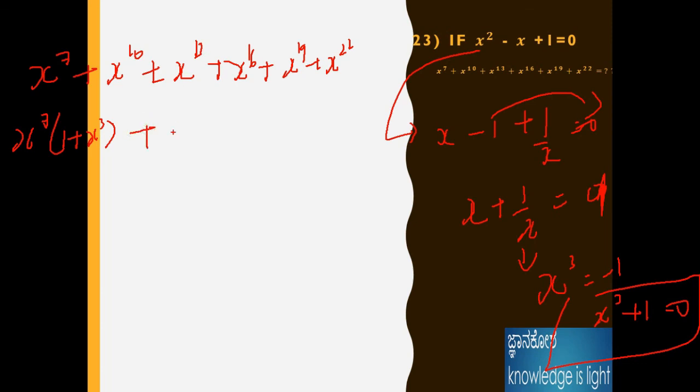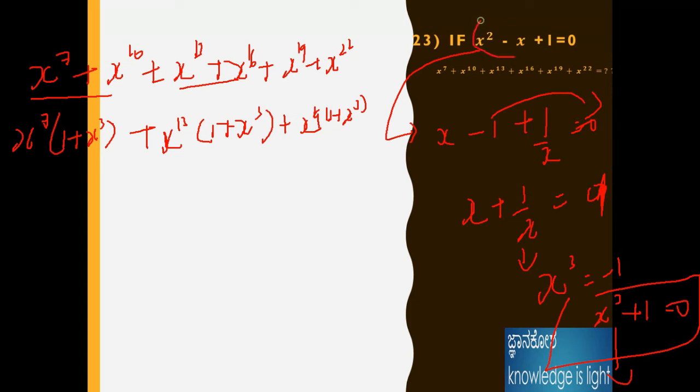Then x to the power of 13 is common here, and again x to the power of 19 as common, 1 plus x cube will be there. We already know 1 plus x cube is equal to 0 from this equation. Therefore this becomes 0, this becomes 0, this becomes 0. Adding zeros should be 0 only.